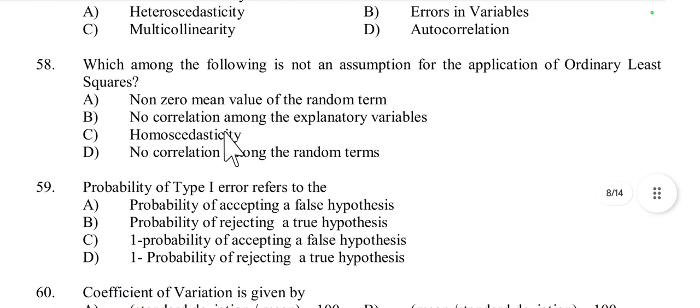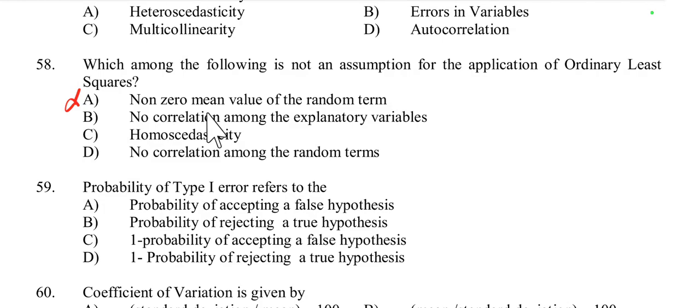Then question number 58, which among the following is not an assumption for the application of ordinary least squares? Which of the following is not an assumption of OLS? First one is non-zero mean value of the random term. No, this is not an assumption, because for the application of OLS, one of the key assumptions is that the error term or random term should have a zero mean, not a non-zero mean.